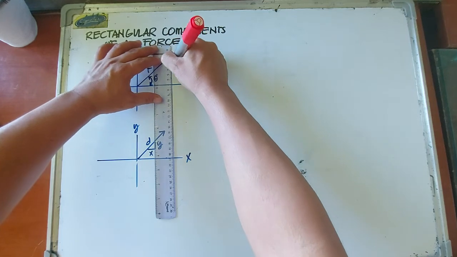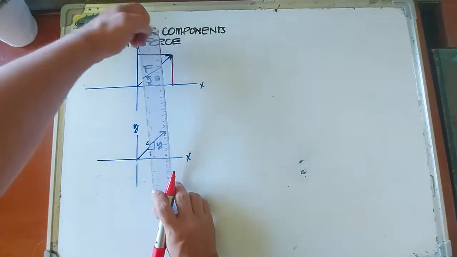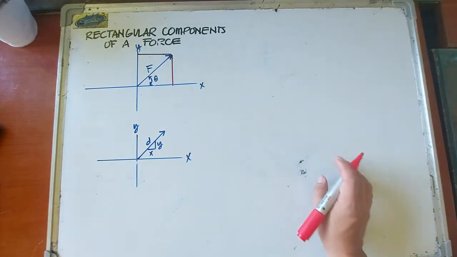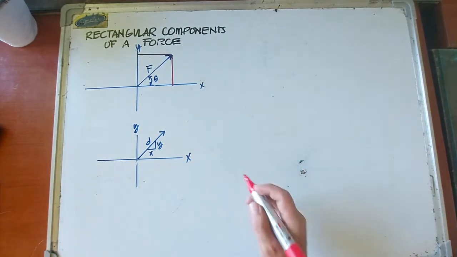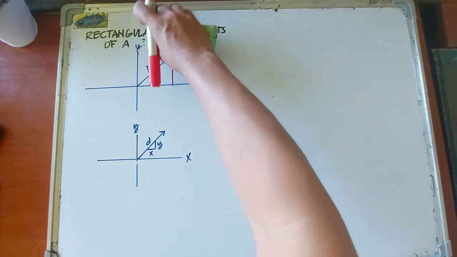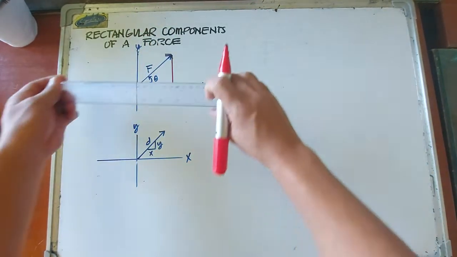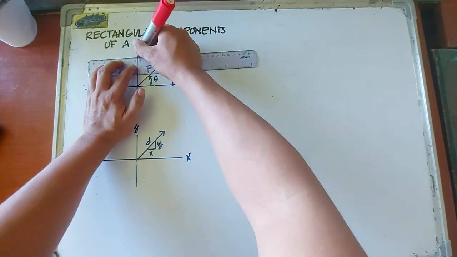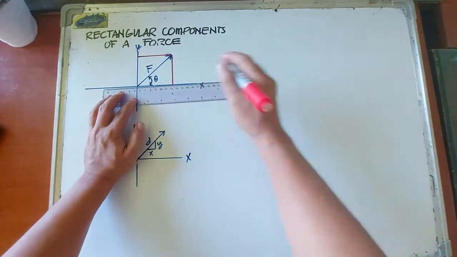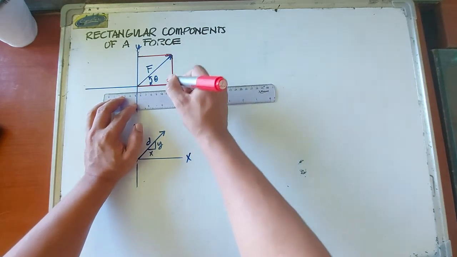So from the head of the force, we draw parallel lines relative to the axis where the components are located. Okay. So ito yung components ng forces natin.